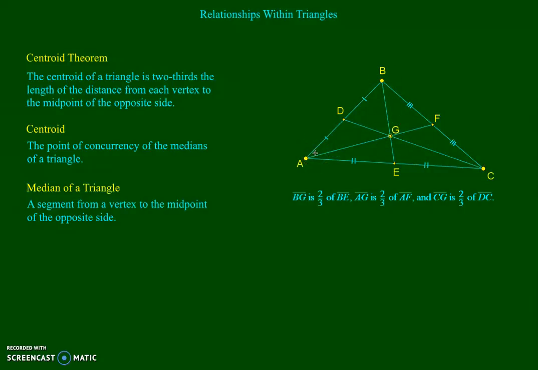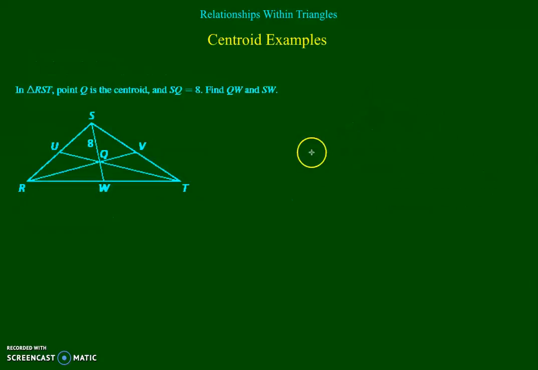Let's see if we can work an example now. We're told that point Q is the centroid of this triangle, and they give us the length of SQ, the biggest piece of that median. We're looking to find QW, the shorter piece, and SW, the whole thing. To start, I'm going to use our centroid theorem.